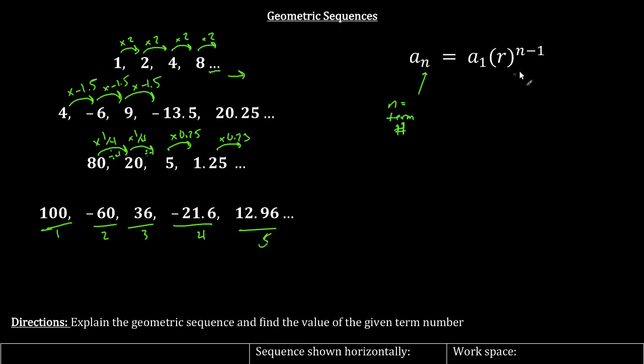And a sub 1 is the first term. So 1, 4, 80, 100, those are all first terms. r is something called the common ratio. This is the number we keep multiplying by.